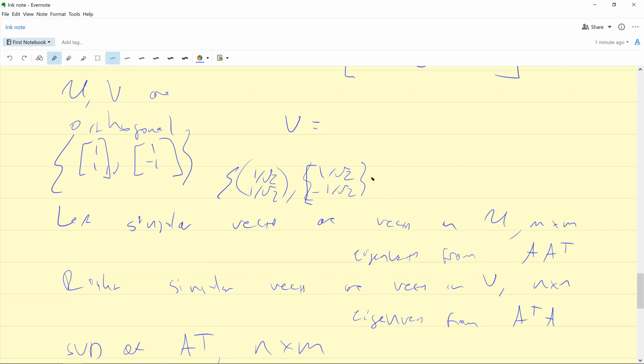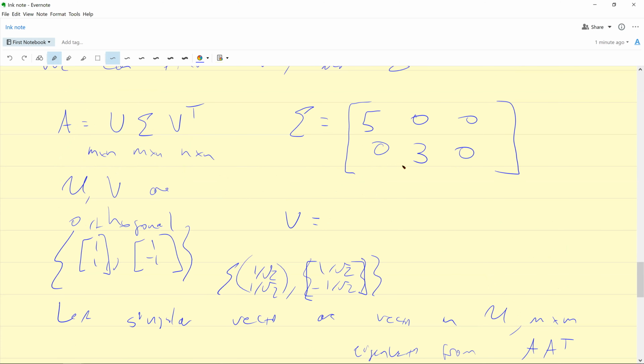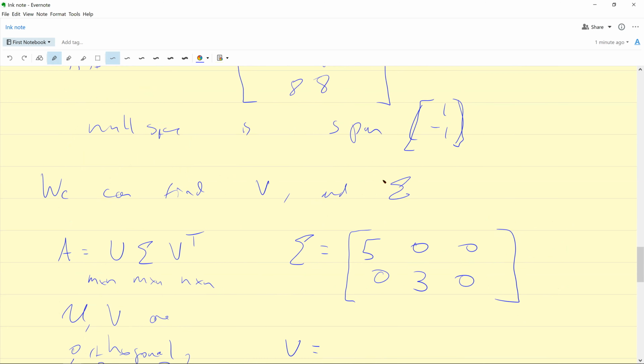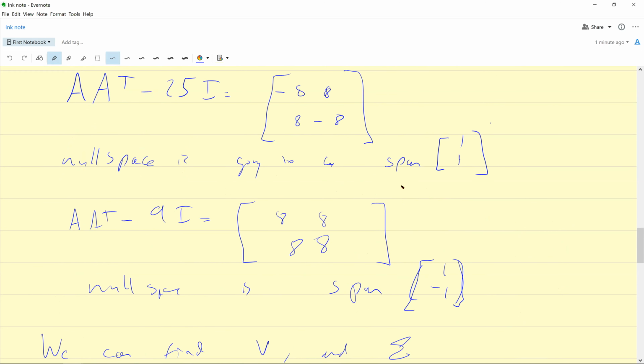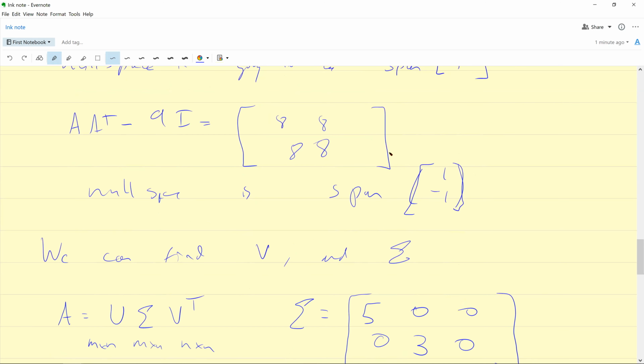Oops, these should be square brackets. There we go. So then we can just plug these into V, and we still have to be consistent with the ones that correspond to which singular value. So for 5, we had 1, 1, and then for 3, we had 1, negative 1.